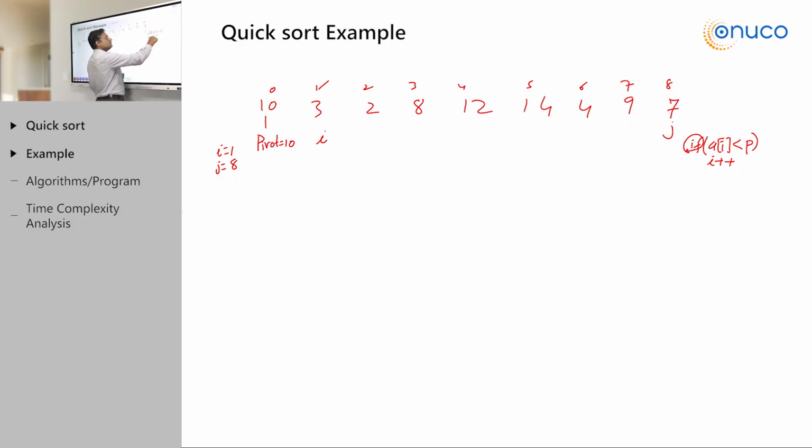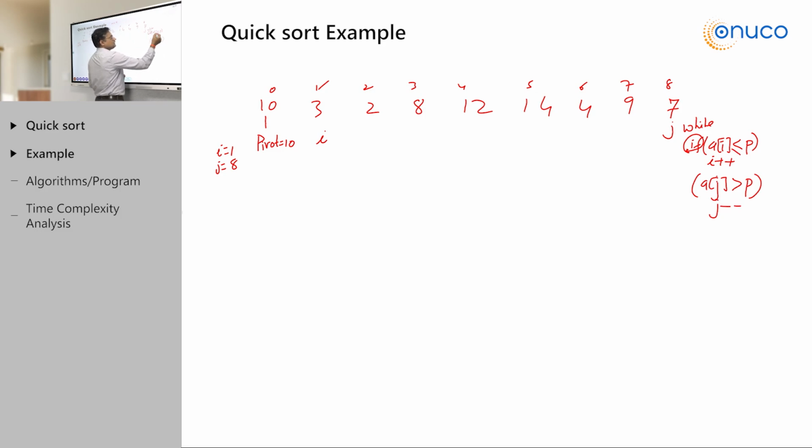If you want to repeat this, we have to go with while statements. Similarly, there is another case: i compares with the pivot element, and then there will be j comparisons. If A[j] is greater than the pivot element, then j--, and the j index will decrease.